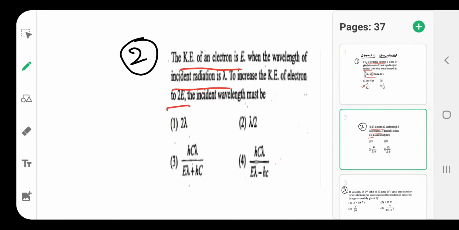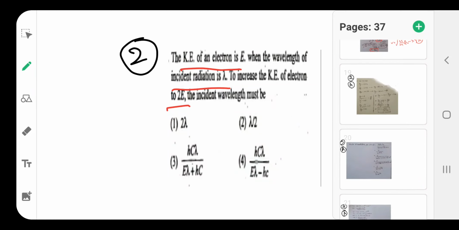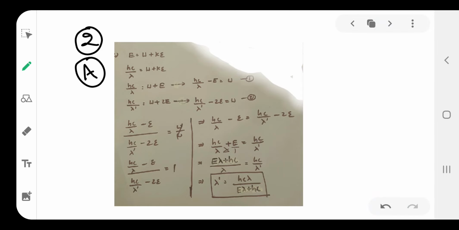See here. So this total energy is divided into work function plus kinetic energy.